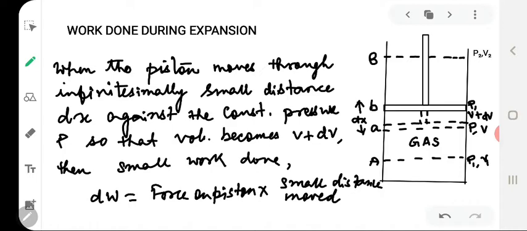Now as you can see in the diagram, small a is the area of cross section of the piston.